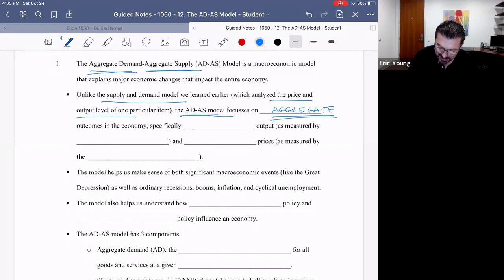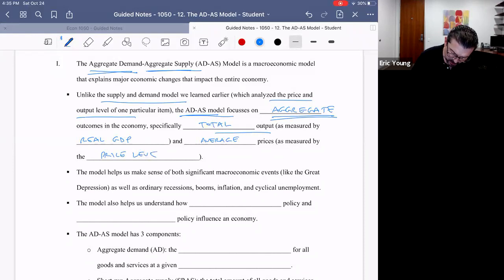So this ADAS model is going to focus on aggregate outcomes in the economy, specifically total output, which, as you know, is measured by real GDP. And we've covered our formula of new minus old divided by old to get that growth rate. So specifically total output, as well as average prices, which, as you know, is going to be measured by the price level.